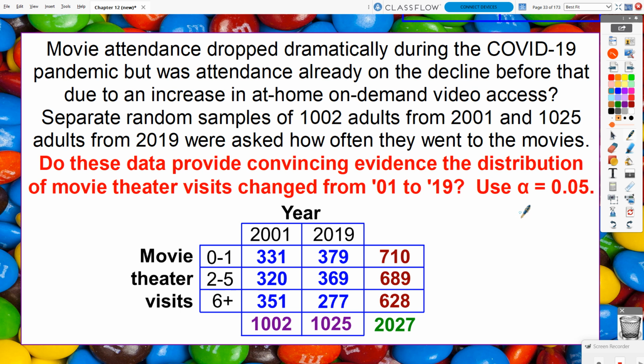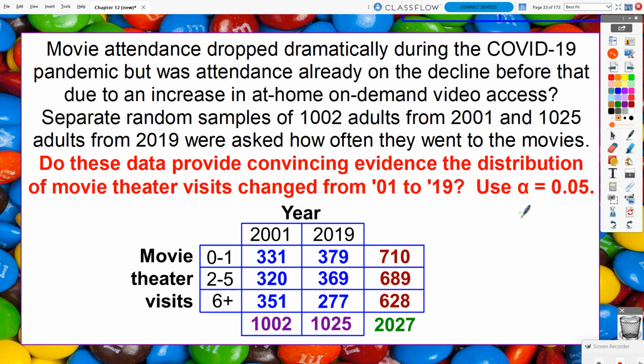Separate random samples of 1,002 adults from 2001 and 1,025 adults from 2019 were asked how often they went to the movies. Do these data provide convincing evidence the distribution of movie theater visits changed from 2001 to 2019? We're going to use an alpha level of 5%.